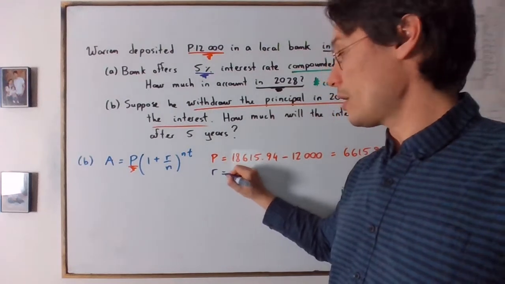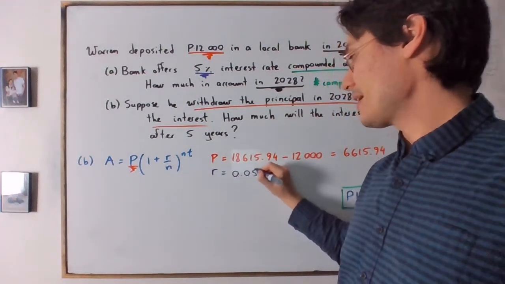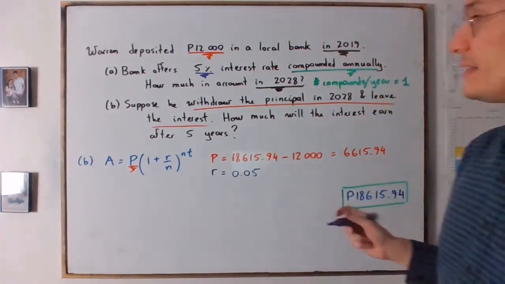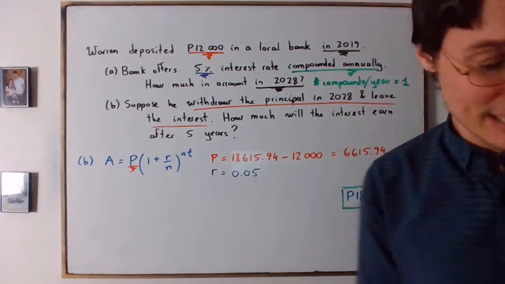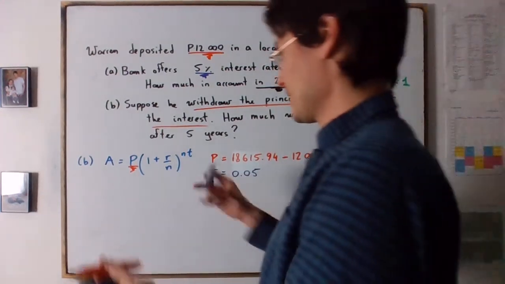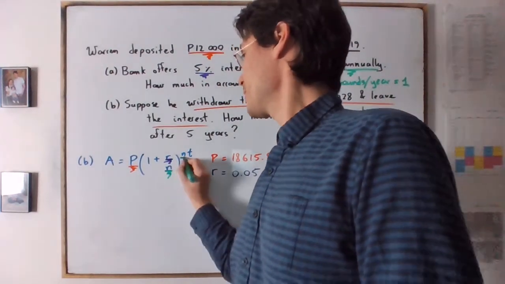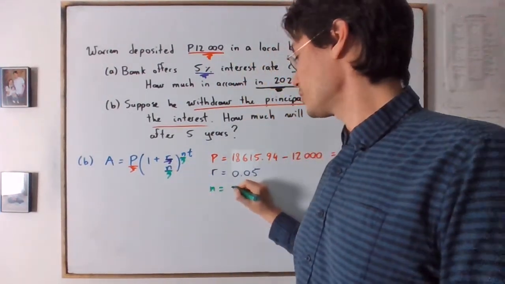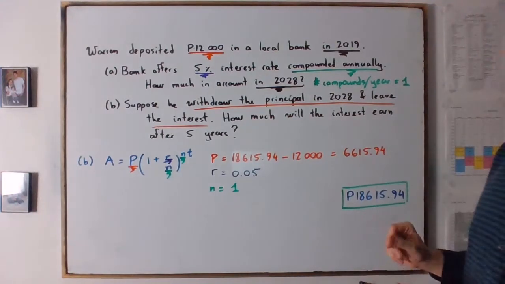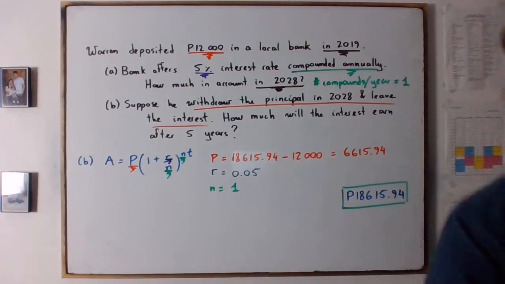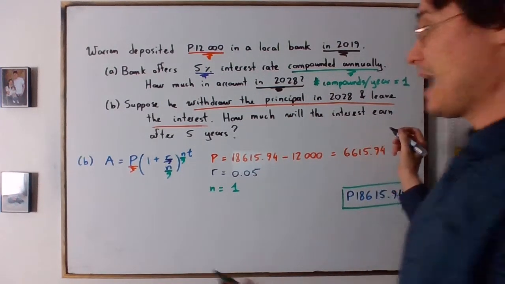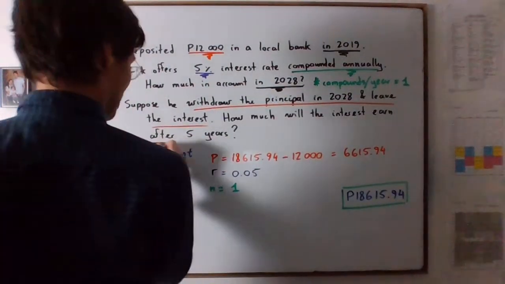Now the interest rate stays the same. So you know right ahead that you have 0.05. Then the N also stays the same, so N is equal to 1. And how much will the interest earn after 5 years?